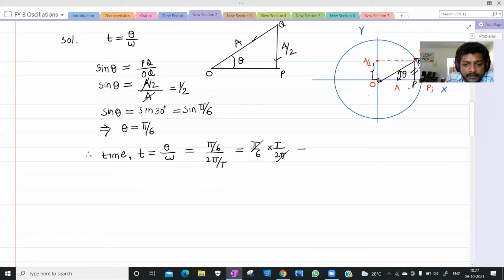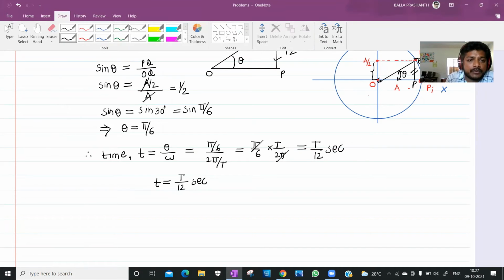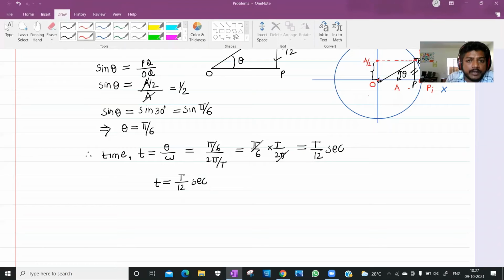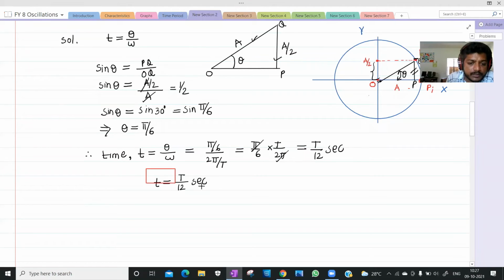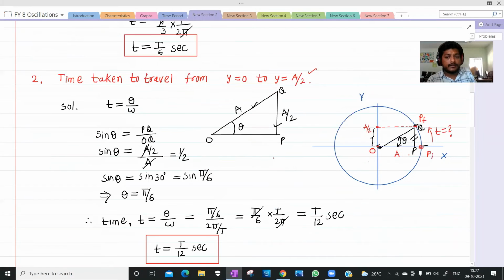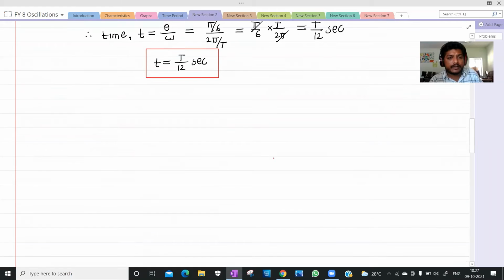Pi gets cancelled, so it is T by 12 seconds. This is the time taken for the particle to travel from the given position to the final position. Is it fine?